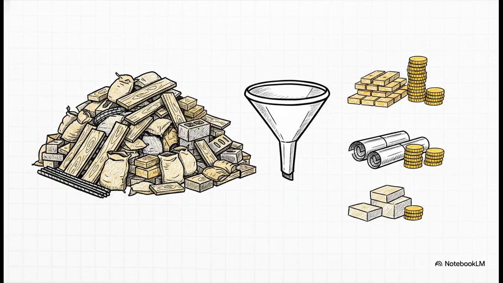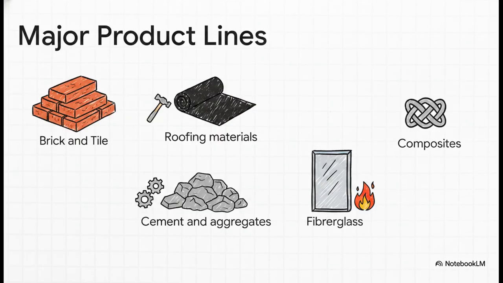So you have to categorize your production based on where your actual money is coming from. To get that level of granularity, companies report their total production in metric tons broken down into distinct categories. We're talking about major product lines like cement and aggregates, composites, roofing materials, fiberglass, brick, and tile. They might also include an other category that bundles multiple smaller revenue streams.